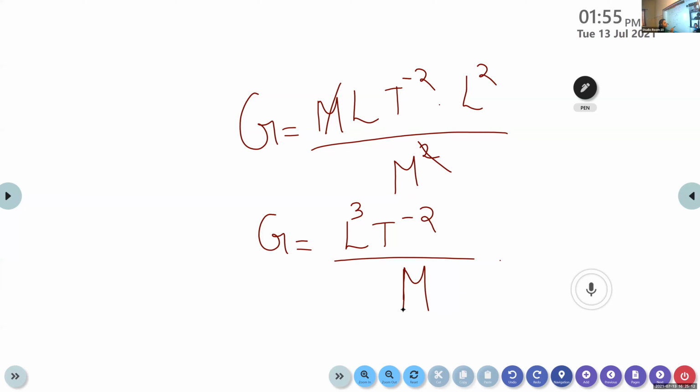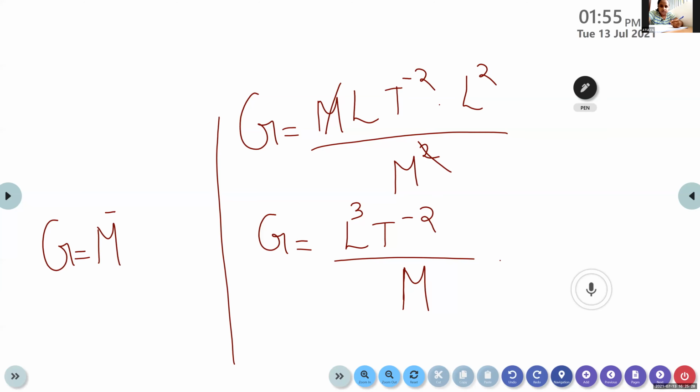We want to bring this M from the denominator to the numerator. So the equation becomes G is equal to, when you bring this M from the denominator to the numerator, it becomes M raised to minus 1. Very good.